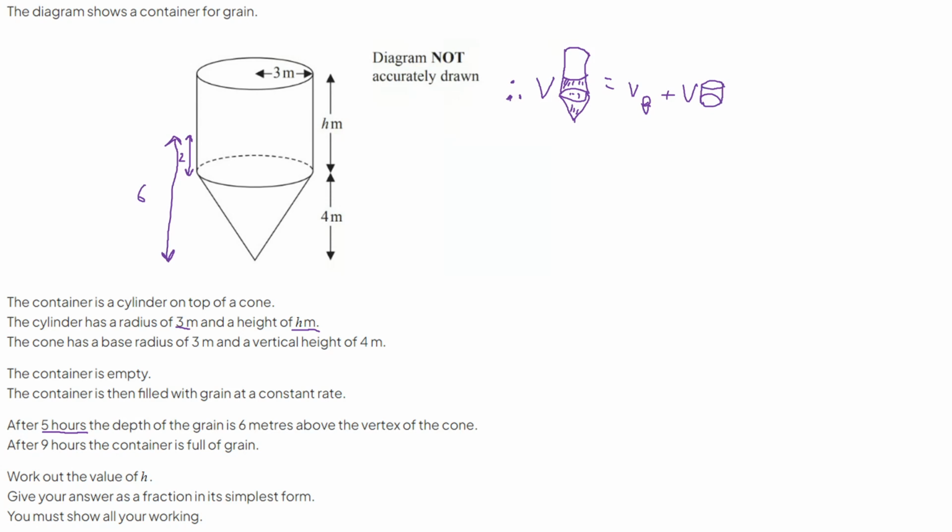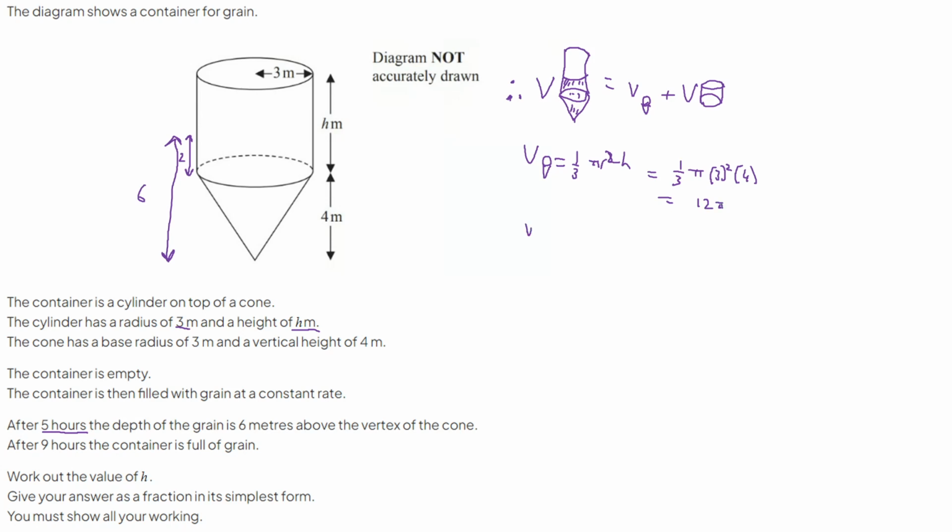Which, if we can do correctly, the volume of the cone, that's just going to be 1/3 pi r squared h, which is just going to be 1/3 times pi times 3 squared times 4, which is just 3 times 4, 12 pi, okay?